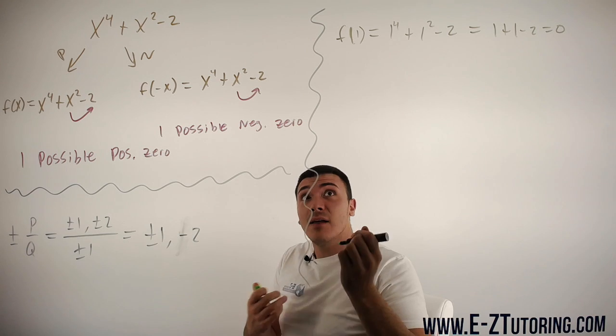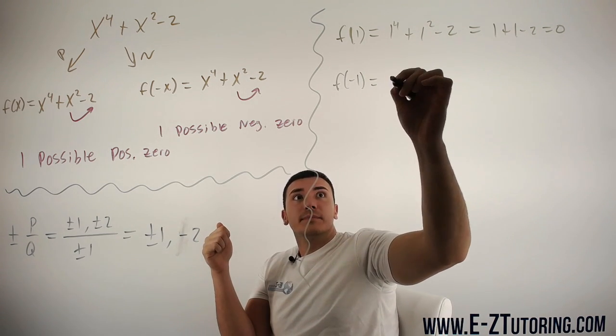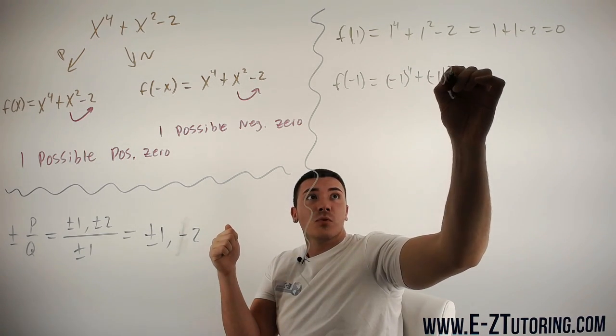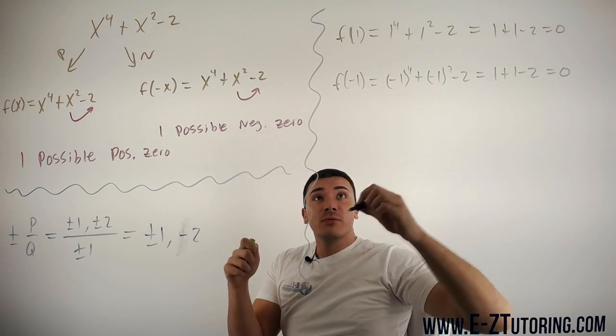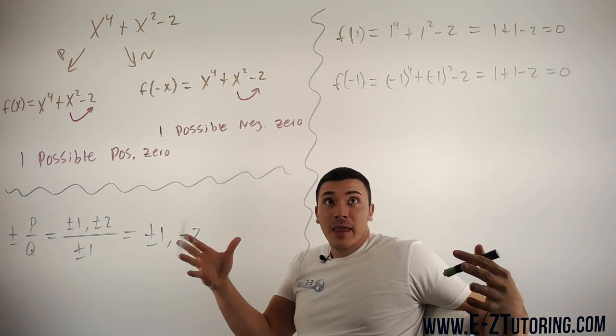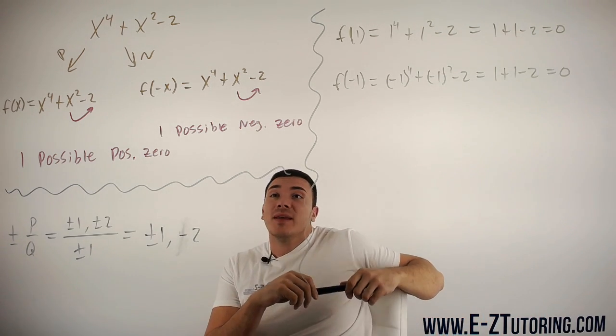All right, so now let's try out the negative zeros. Let's do f of negative 1. We have negative 1 to the fourth plus negative 1 squared minus 2 equals 1 plus 1 minus 2, which is 0. So we just found another zero. Negative 1 makes this function 0, so it's a zero.